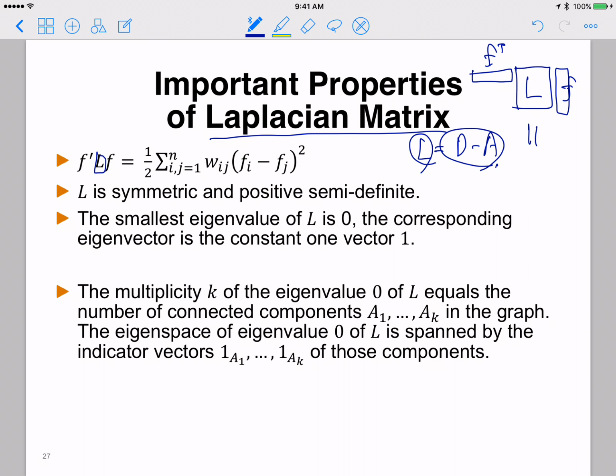Would it be a column vector, a row vector, a scalar, or some matrix? It will be a scalar, right? And interestingly, this scalar is represented as this. Let me explain.